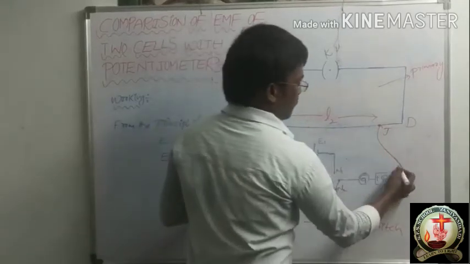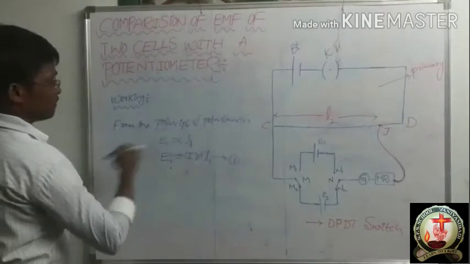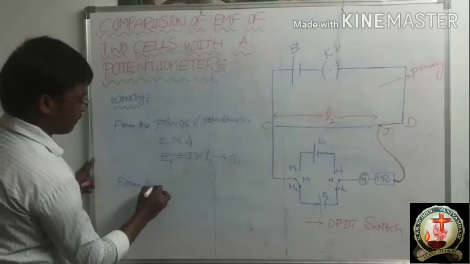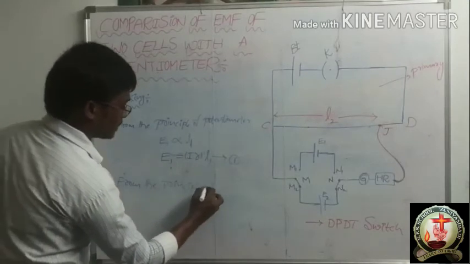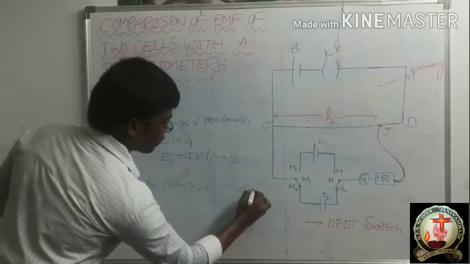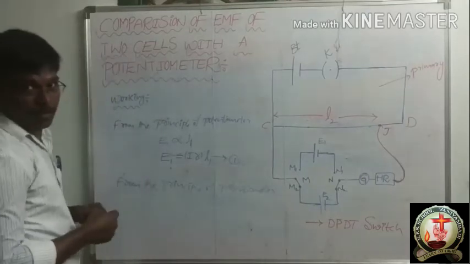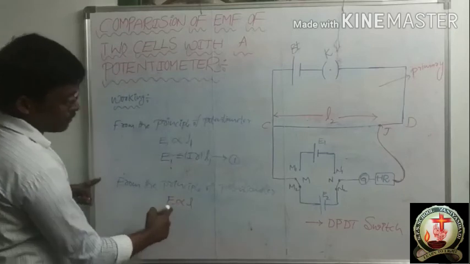Same here. Now this is the balancing length. From the principle of potentiometer, what is the principle? E is directly proportional to L. EMF is directly proportional to balancing length.